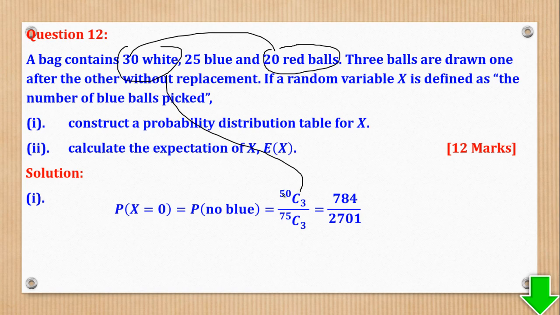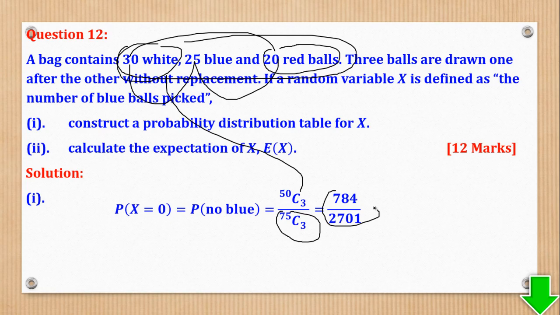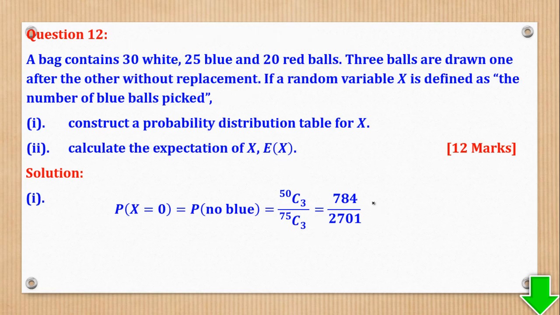That is why we're saying here 50 combination 3 over the sample space. Sample space means the total available possibilities. There are 30, 25, 20, which is 75, but of the 75 you want 3 balls. That's why you see here 75 combination 3. When you use a calculator, you'll come up with this, but don't write in decimal. Leave it as a fraction.